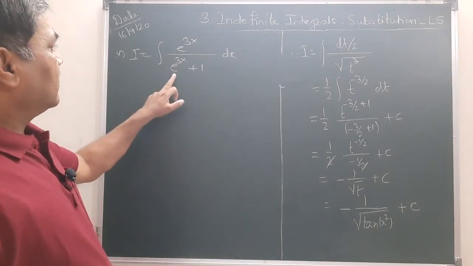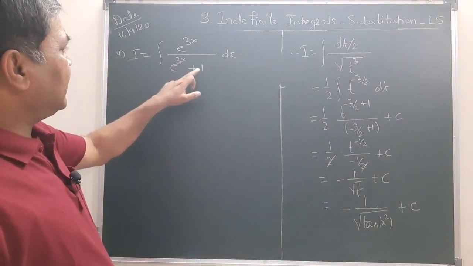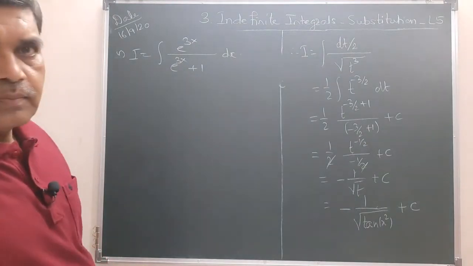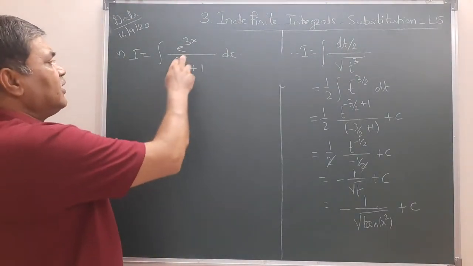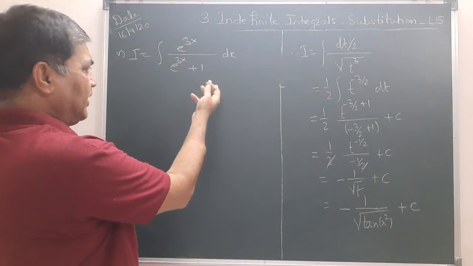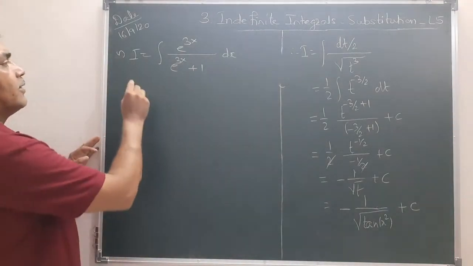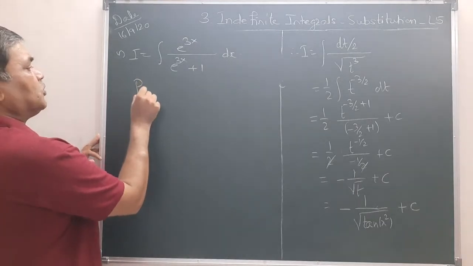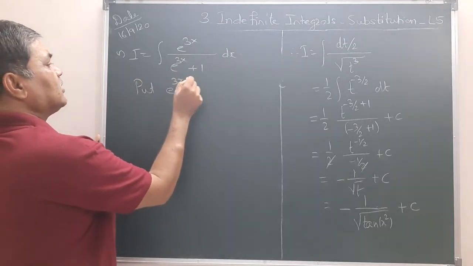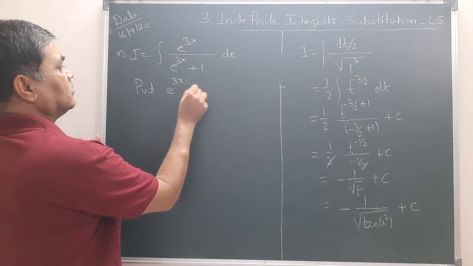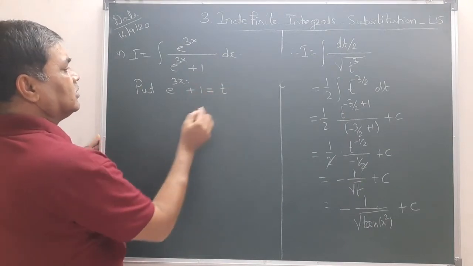Here, if you see, the derivative of e raised to 3x plus 1 is nothing but e raised to 3x into 3 dx is equal to dt.